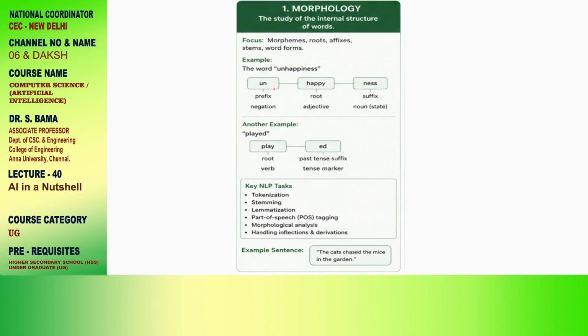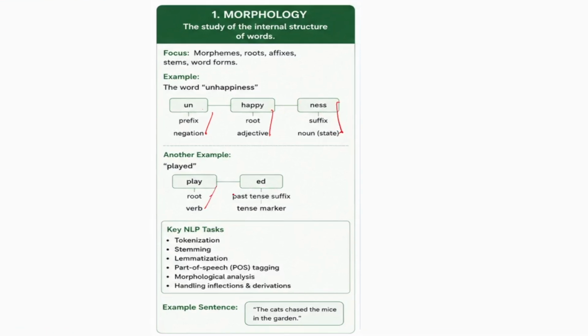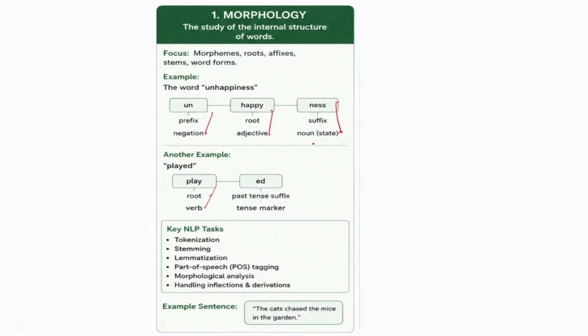We have un as a prefix, happy as the root, and ness as the suffix. Another example would be play, played, play as the root and ed. So when we deal with morphology, can a computer program understand what the root is and attach the prefix and suffix to it, or given a word, can the root be extracted?